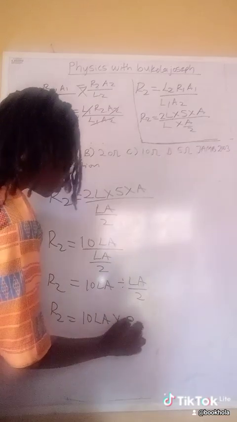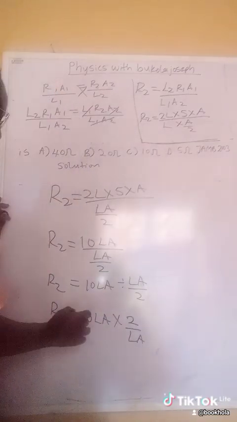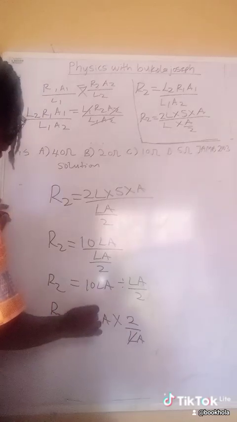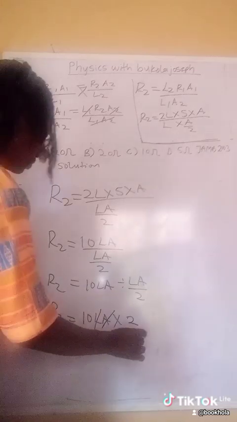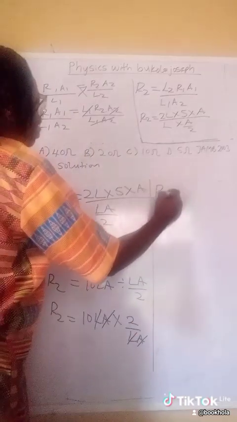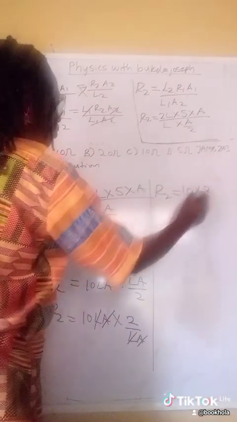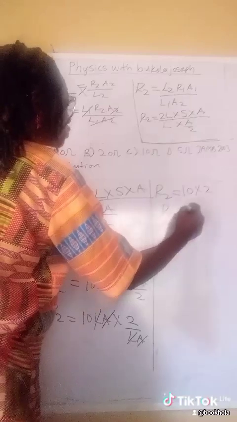So we have 2 all over LA. Is that okay? So we cancel L, we cancel A, and we'll be left with R2 is equal to 10 times 2.